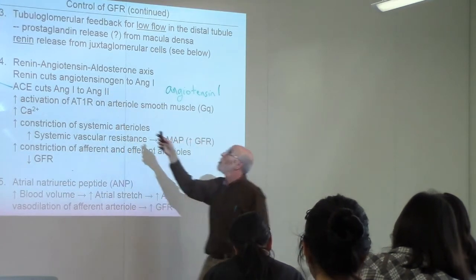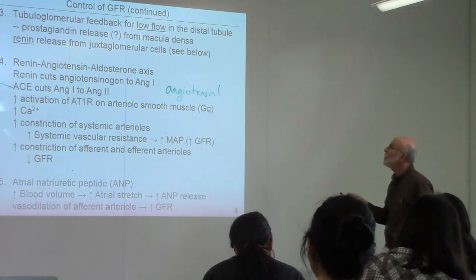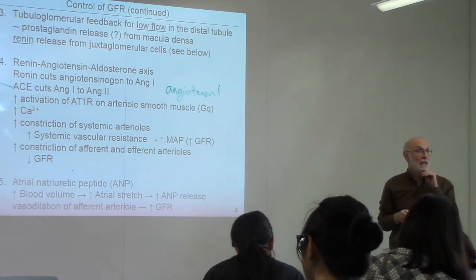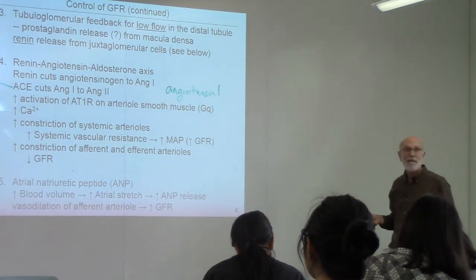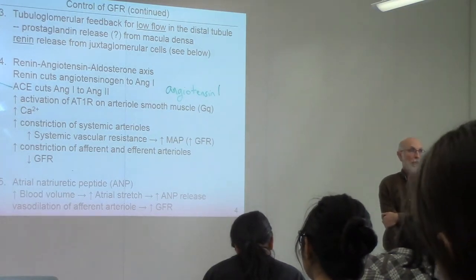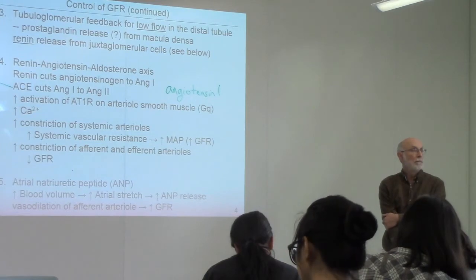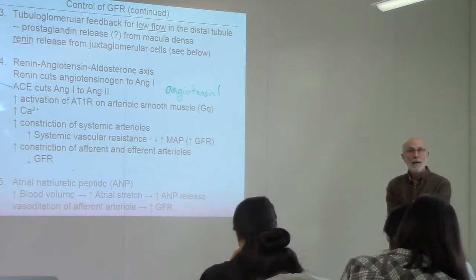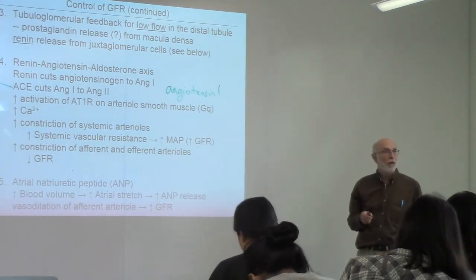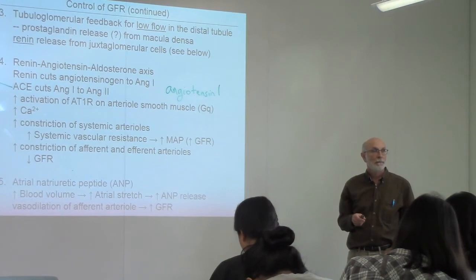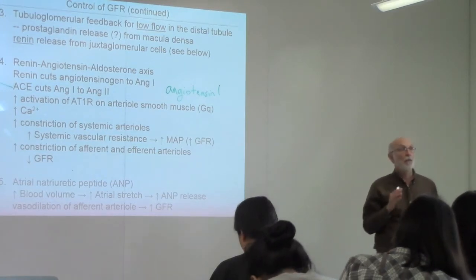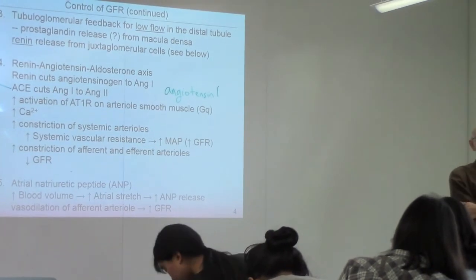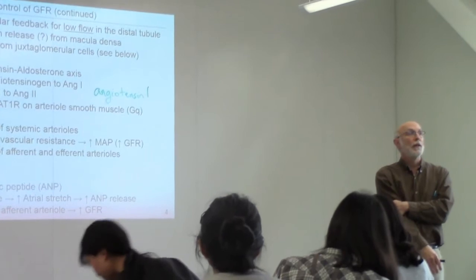The response to dehydration in the kidney, one of the responses, is let's not filter the fluid in order to not lose it in urine. Okay? So that's another form of tubuloglomerular feedback. This one is due to the renin, angiotensin, aldosterone. We haven't talked about aldosterone yet. We will next week when we talk about the loop of Henle.